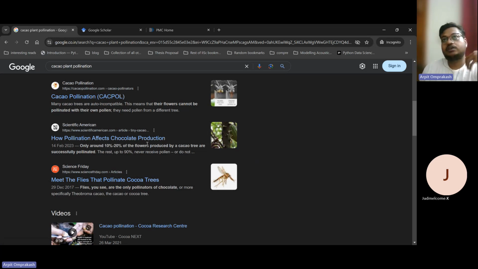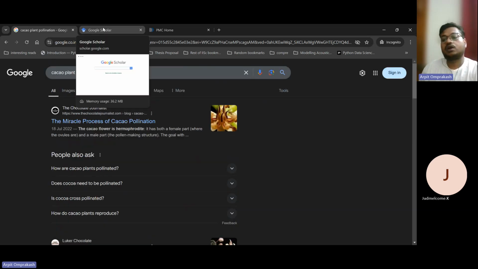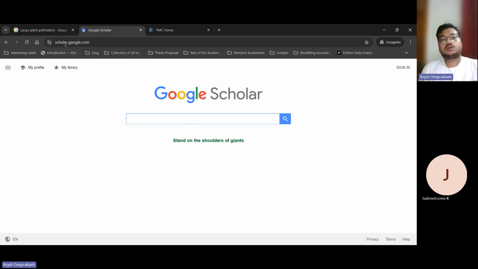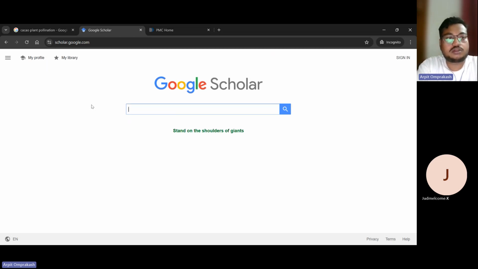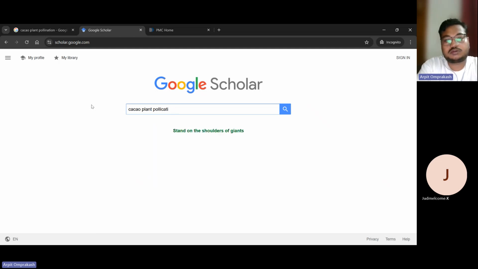Now, if we are actually doing research and trying to figure out scientific information, it's more important that instead of just doing a Google search, we look up information in something called Google Scholar. So at scholar.google.com, you can go and search for cacao plant pollination.